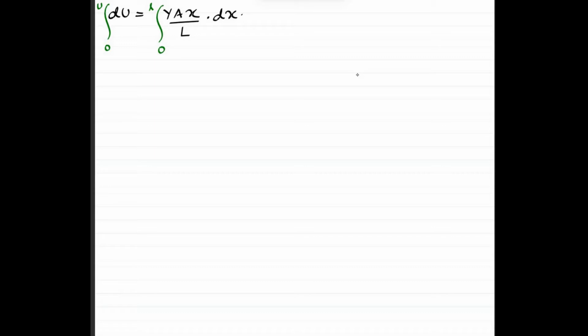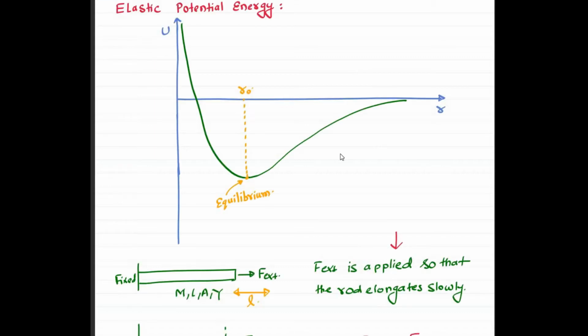Correct? So what we have done is we have considered this to be the reference potential energy. So we will shift the coordinate system to here. This will be the new coordinate system, so that at natural length, potential energy becomes 0.